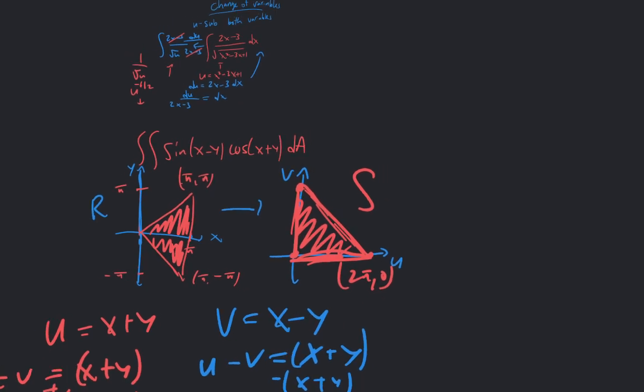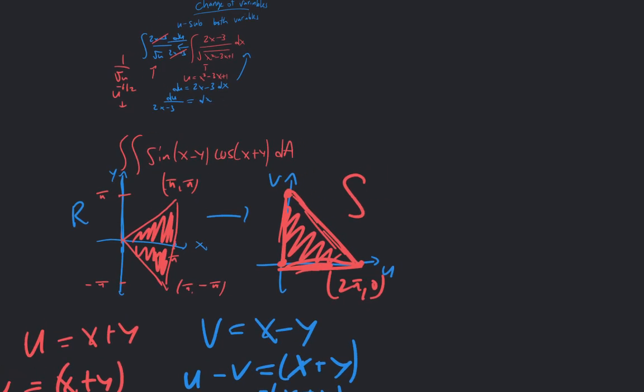So when we write this, u is going to go 0 to 2 pi. v is going to be a little bit trickier. We're basically using the equation of a line that goes from 2 pi to 2 pi, kind of.